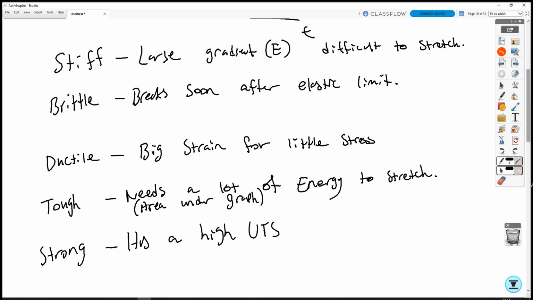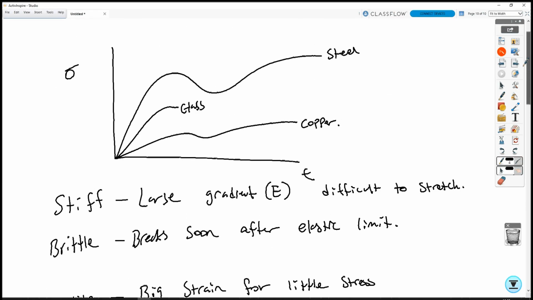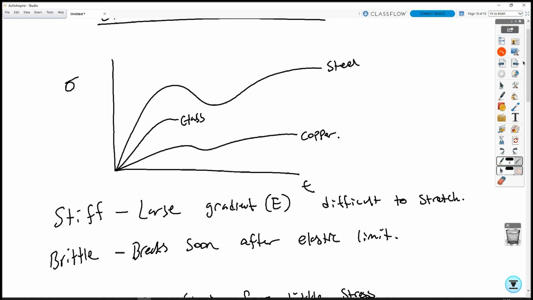So let's go through these and say what they are. So stiff has a large gradient and is difficult to stretch. If we compare the three that we've drawn on this graph, steel has the largest gradient. So steel is stiff.